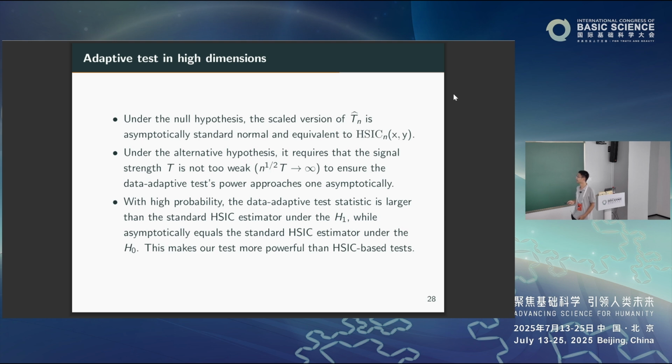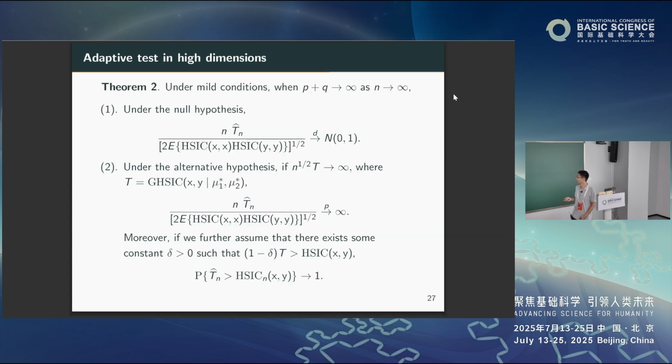And the last one is that our test is more powerful than the traditional HSIC. So we see that if this inequality holds, then we have the final assertion that our test is more powerful than the traditional HSIC.